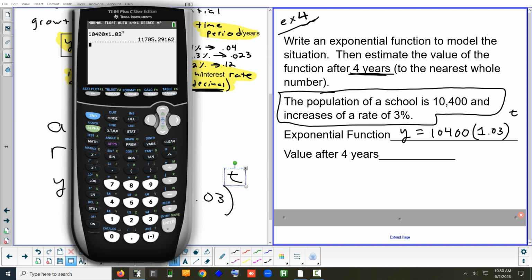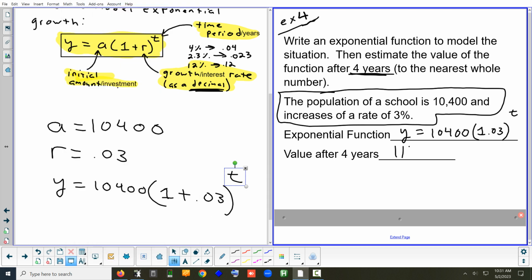So that means after 4 years, there'll be about 11,705 students. Doesn't make sense to round students to a decimal because you can't have 0.2 students. Right? So we're just going to round it to 11,705. If this was money, then I would say, yeah, we could round to 2 decimal places with money, but not with people.